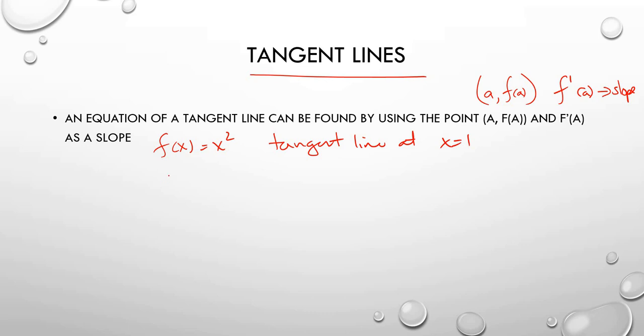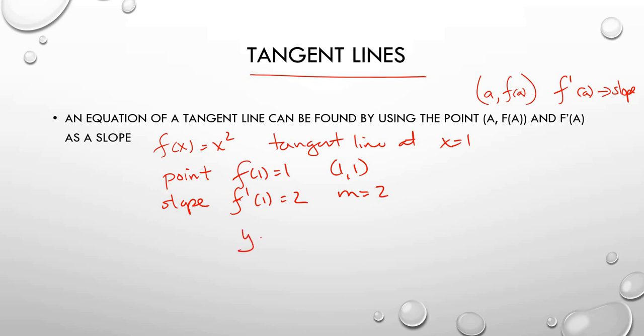So I need a point on the line. f of 1 equals 1, which is the point (1, 1). And I need a slope, and that's f prime of 1, which I found to be 2. So my slope equals 2. Here's our function and derivative notation, and here's our good old Algebra 1, a point and a slope. Using my formula, y minus 1 equals 2 times x minus 1, and adding my 1, y equals 2x minus 1.